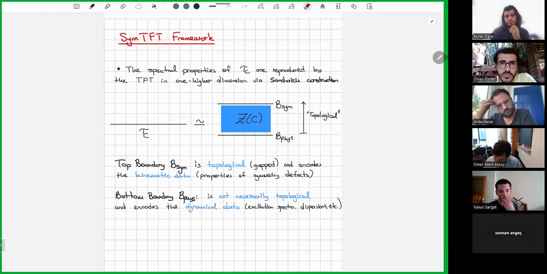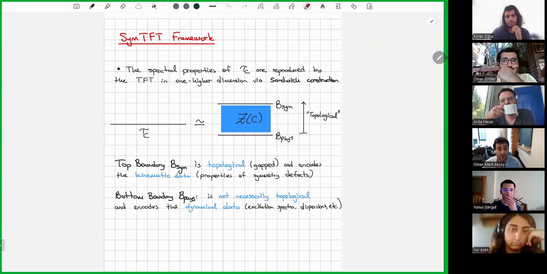And the idea is that I have this 2+1D topological field theory that is presented as what's called a sandwich construction. Since the theory is topological, the length of the segment doesn't matter at all because there's no metric dependence.